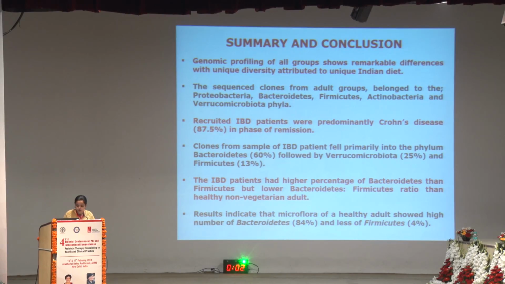Clones from samples of IBD patients fell primarily into the phylum Bacteroidetes, followed by Verrucomicrobia and Firmicutes. The IBD patients had a higher percentage of Bacteroides than Firmicutes, but a lower ratio of Bacteroides to Firmicutes than the healthy non-vegetarian adults. Results indicate that the microflora of a healthy adult showed a high number of Bacteroides and fewer Firmicutes.